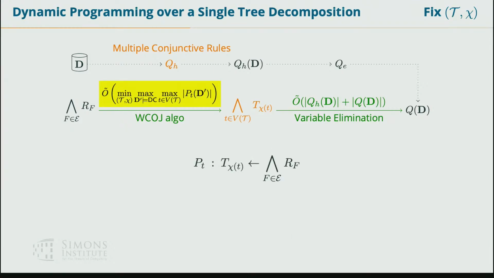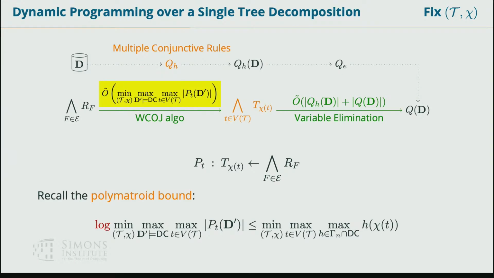Okay, so now we have the tree decomposition, and we have to compute this query, one for every bag of the tree decomposition. And so now let's just plug in our polymatroid bound. We have this query, and the quantity we are interested in is the following. First of all, we have to minimize over all possible tree decompositions. If you want to minimize this representation, then we better go over all possible tree decompositions, right?